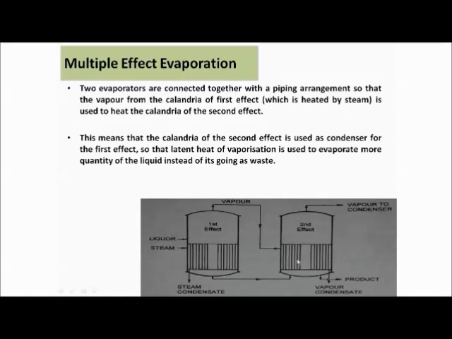It will first of all act as a condenser for the vapor produced in the first effect. Moreover, the latent heat carried by this steam will be used to heat the tubes here, right? And finally, the vapors from the second one, after heating the liquid which is already present in this second evaporator, will be connected to a condenser and get converted into the product.